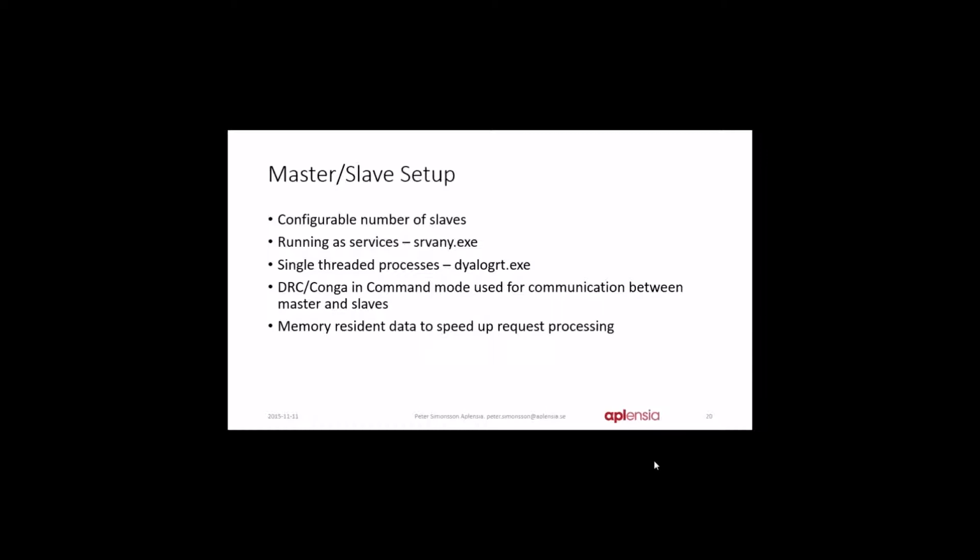Both master and slaves are running as single-threaded processes using Dyalog RT, and we start them up as Windows services using SRVANY. The incoming port, the communication to the master, is of course HTTP based, but between the master and the slaves we use the Conga command mode so that we can exchange the data in APL form rather than in XML.